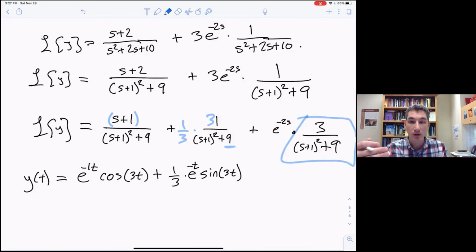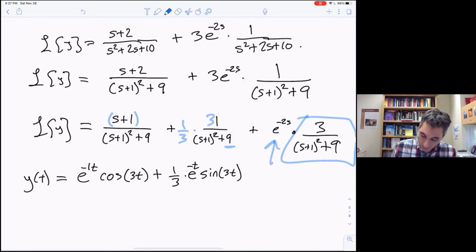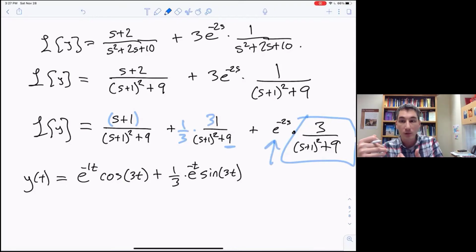That's exactly what it looks like. But don't forget about this e to the minus 2s. So that is the effect of that Dirac delta. And so what's going to happen is when you come back, you're going to be shifted by 2 and then turned on at t equals 2. So that's the effect of that Dirac delta, from our formula from the main idea video for the Laplace of the Dirac delta.